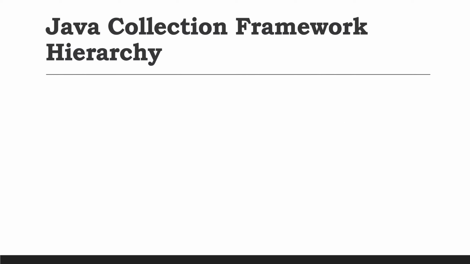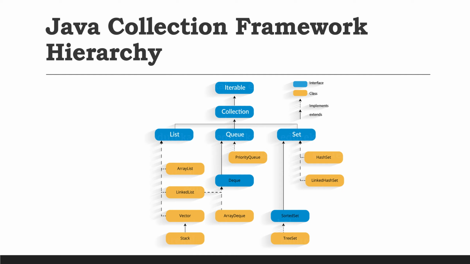Okay, so let's see first the hierarchy of the Java collections. We are talking about how the Java collection contains some kinds of interfaces, classes, and so on. So let's see what things it contains. This is the very simple hierarchy of the Java collection framework.